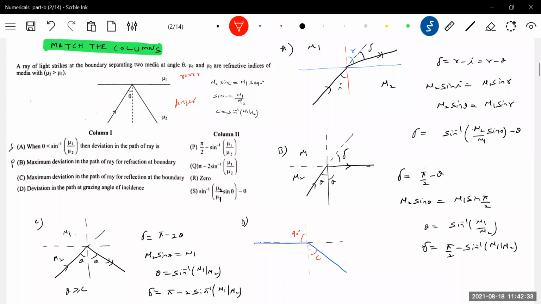Should go on that side, no? Sorry, this is 90. Mu2, mu1.